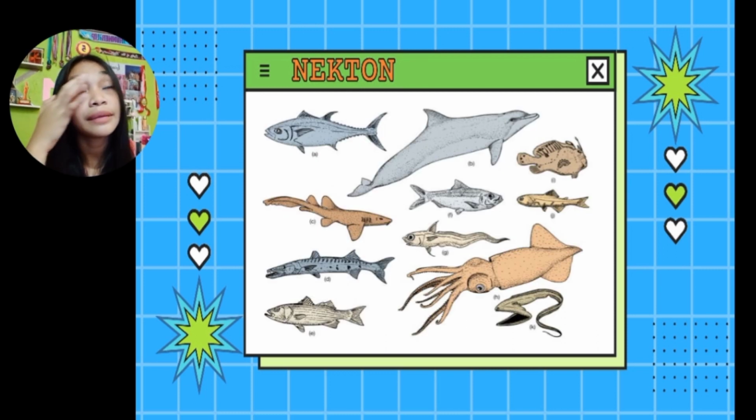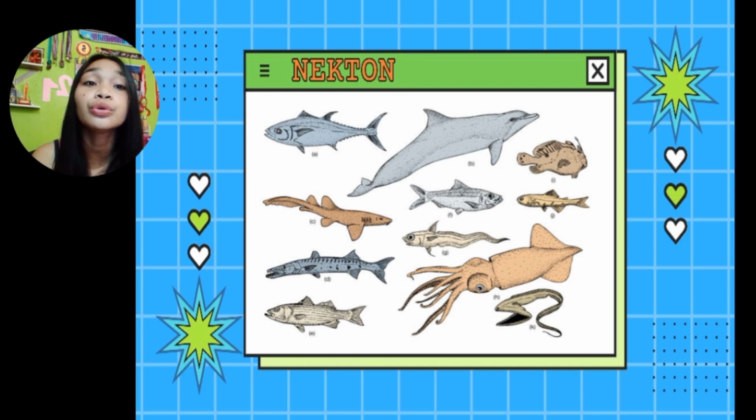Yung makikita natin na mga fishes or another kind of fishes na kaya nilang lumangoy, like shark or any kind of fishes, octopus, na kaya nila kainin yung sarili nilang nekton. Nekton ang tawag sa kanila.